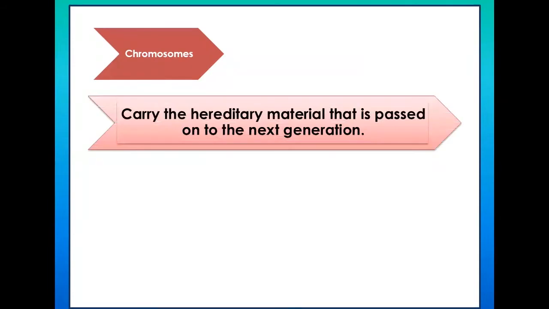So this structure, chromosomes, carries the hereditary material that is passed on to the next generation, as mentioned earlier. So all information about us humans is stored in this structure which we call chromosomes. Later we're going to further intensify that part.